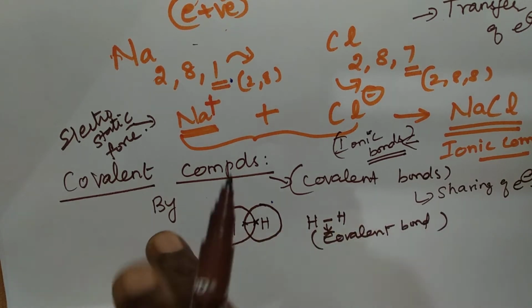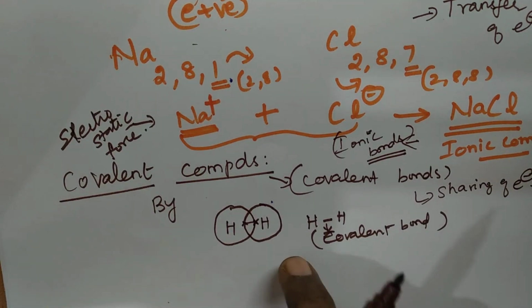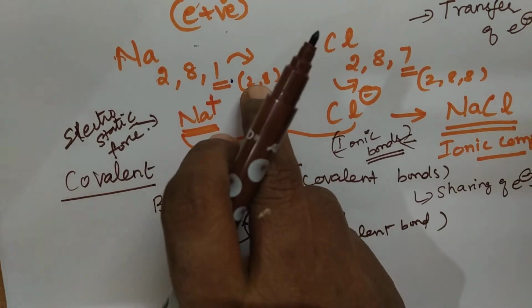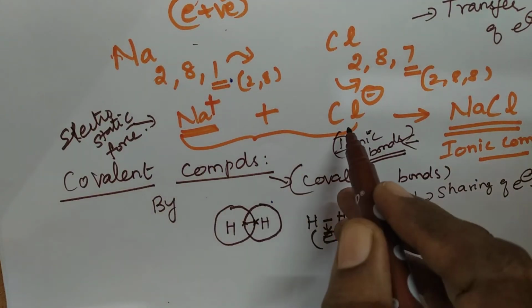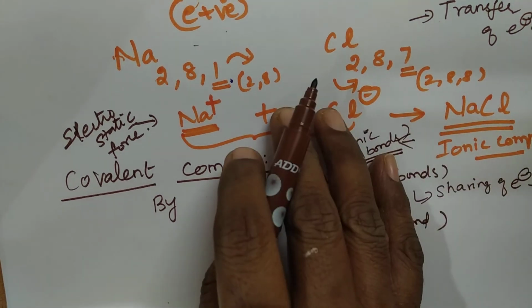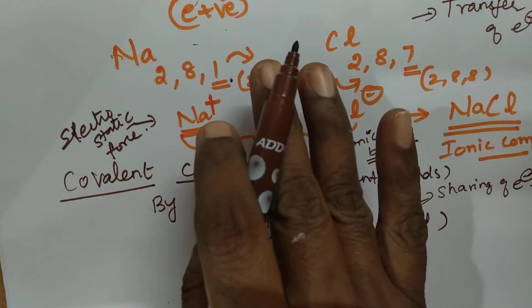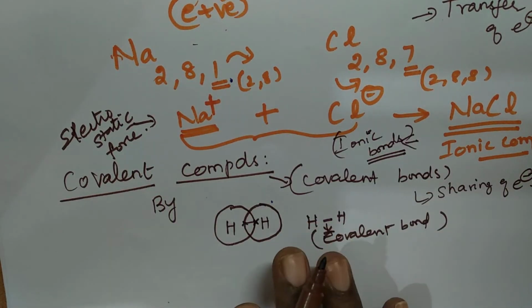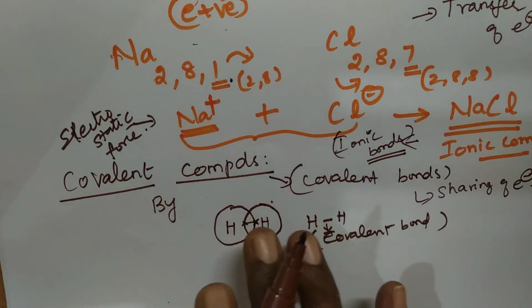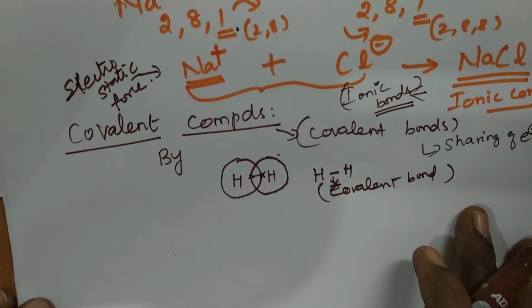Covalent compounds do not form ions, so they do not conduct electricity, whereas ionic compounds are formed from ions, so they can conduct electricity. Ionic compounds are highly soluble in water, but covalent compounds are soluble only in organic solvents. By knowing these differences, we can work out the properties of ionic compounds.